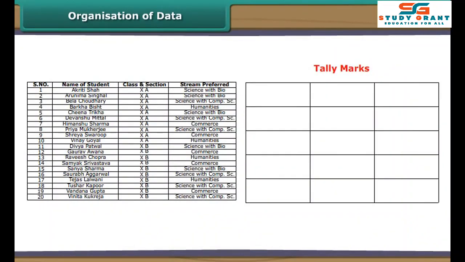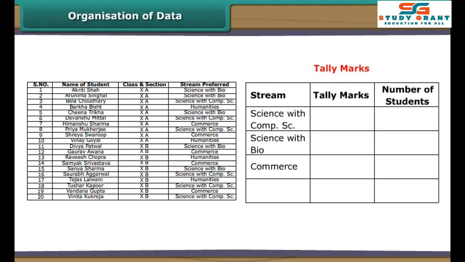We use tally marks to organize data. Let us learn how. Consider the data collected by Sheetal on the stream preferences of class 10 students. Make 3 columns: streams, tally marks, and number of students. Specify all available streams under streams one by one.